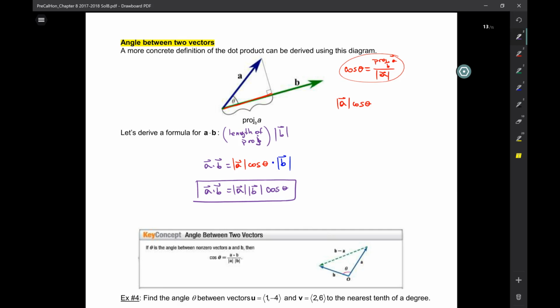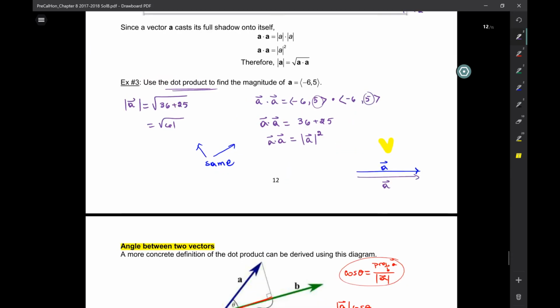Since we're dealing with a cosine, what's the maximum that a cosine could be? 1. So going back here, if it's the magnitude of A times the magnitude of B times the cosine, then this is the most it could be. You see that, Jesse?